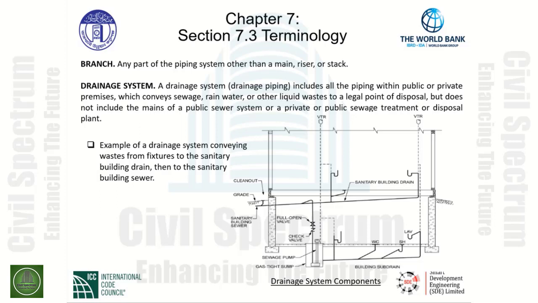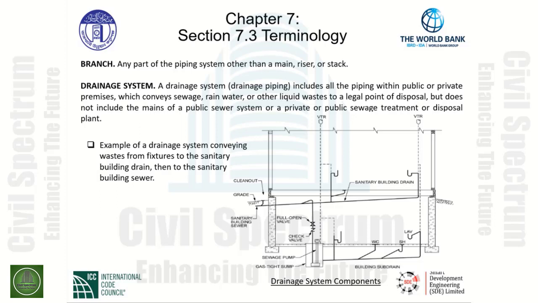As can be seen as well, we have what's called a building subdrain, in which condition the lavatory, the shower, and the water closet below the slab floor level in the lower level of the building convey all of the discharge to a gas-tight sump.